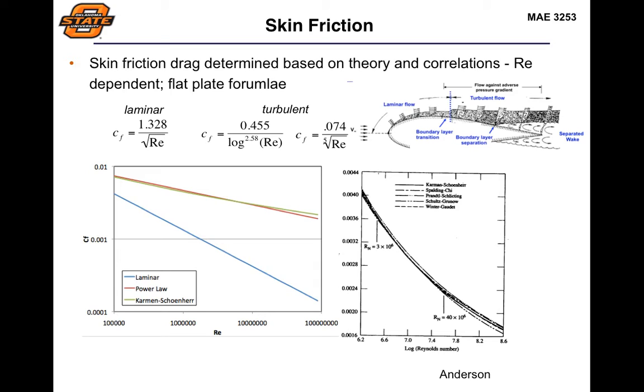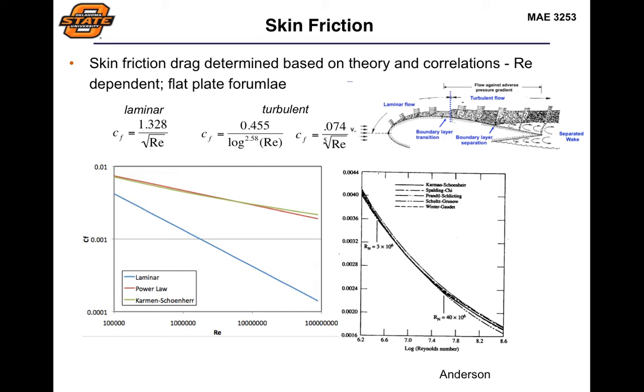Again, we go back and use our flat plate models from undergraduate fluid mechanics, so we have a skin friction estimate for laminar flow and one for turbulent flow. Notice they are very different values. The turbulent equation gives you a much larger value for CF than laminar, so predicting which one is which is very important.